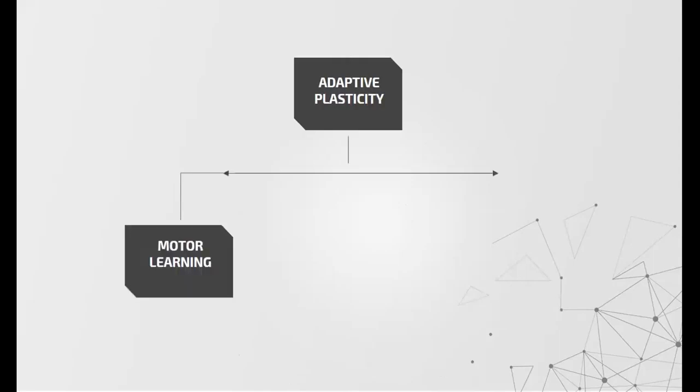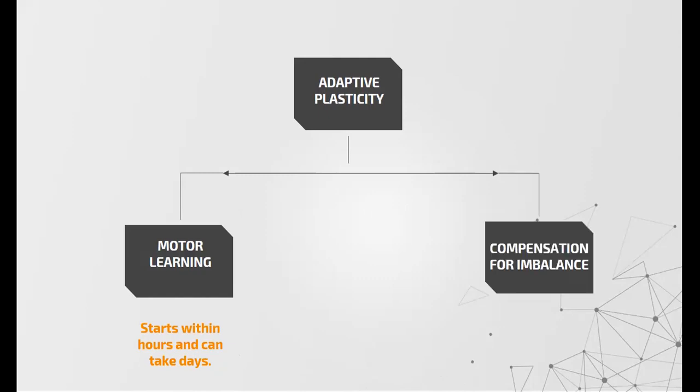It has two parts. The first is motor learning, which is the basis of vestibular rehab training also. It starts within hours and can take days. The second is compensation for imbalance. It starts within an hour. So what we can derive from this slide is that we have to start vestibular rehab exercises as soon as possible.